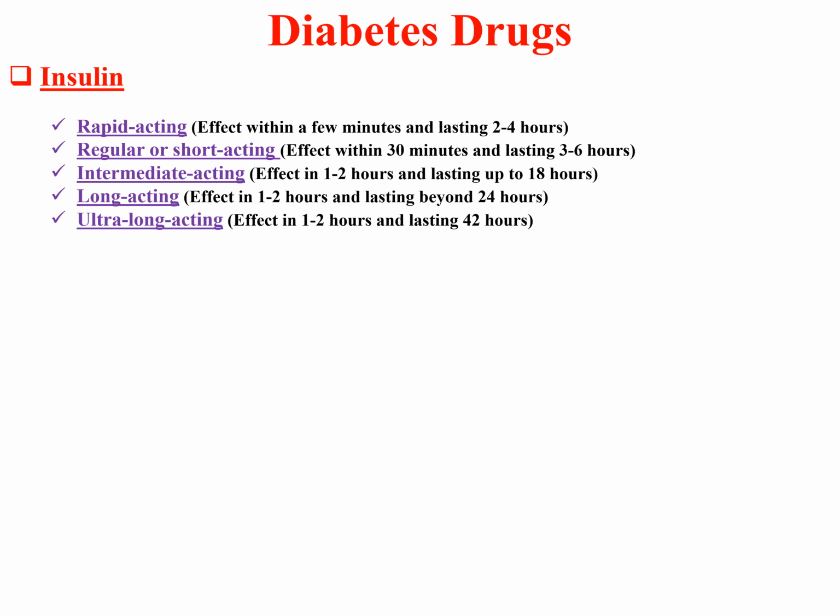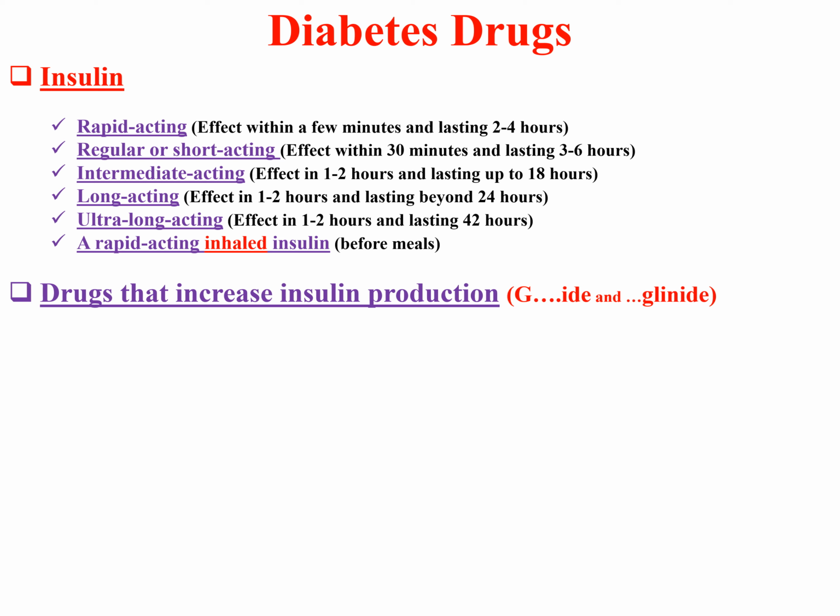Besides that, we have one preparation to be given as an inhalation just before the meals. The other medications we are going to use, for example, a drug that will be increasing the insulin production from the pancreatic beta cells, and I just put some of them, how their names end or how they start, so it will be easy to identify them.